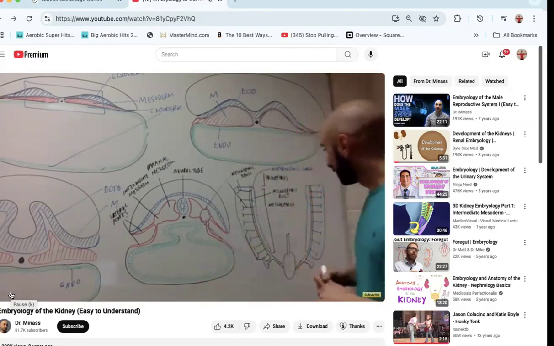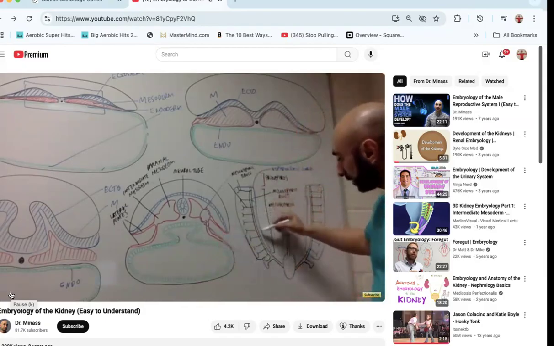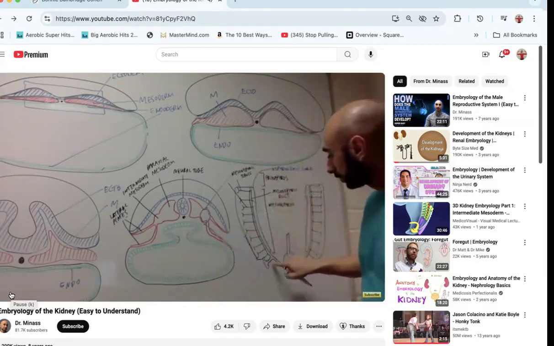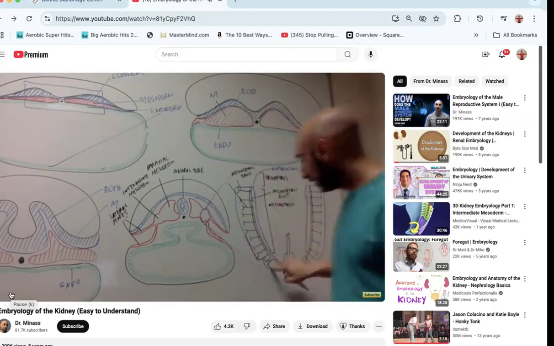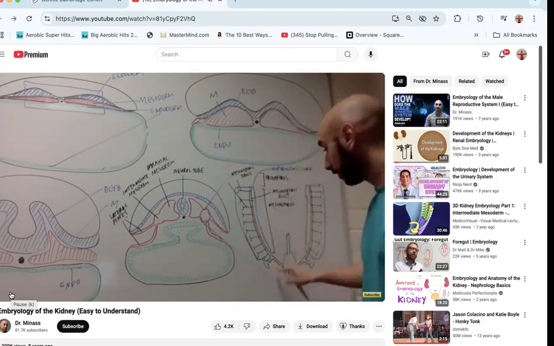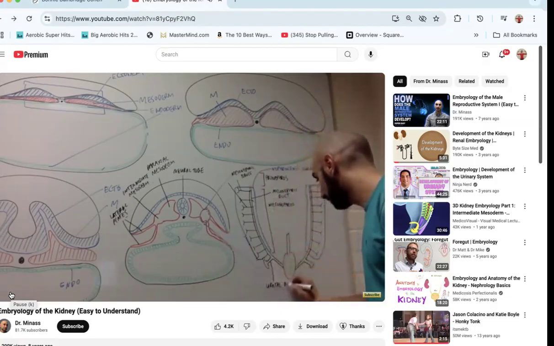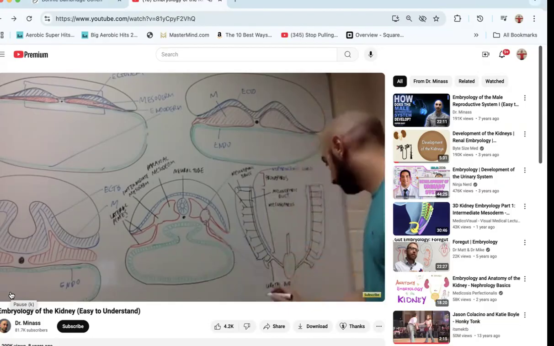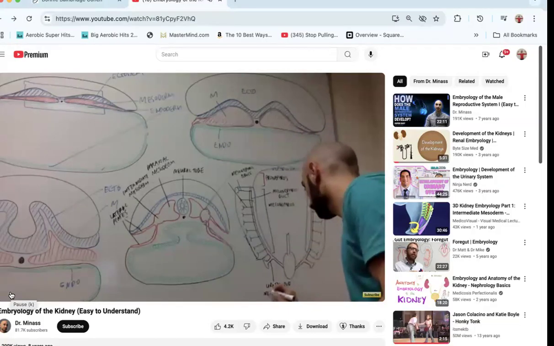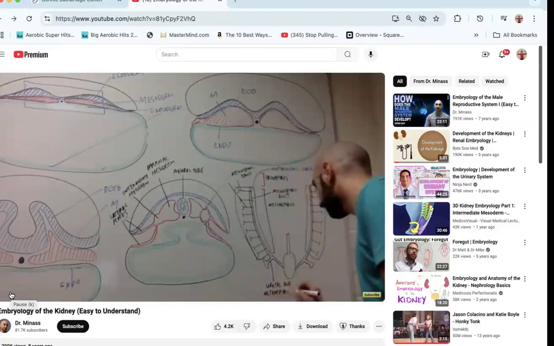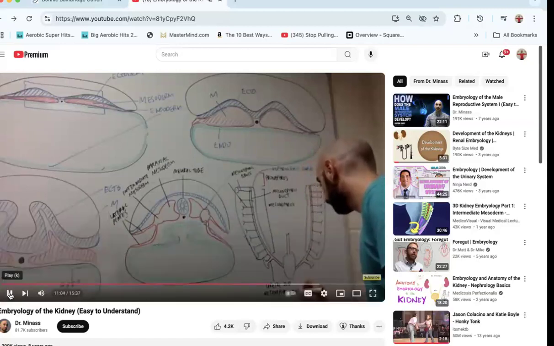From this mesonephric duct, caudally, a urethral bud is formed. So this right here is the urethral bud, or the metanephric diverticulum.